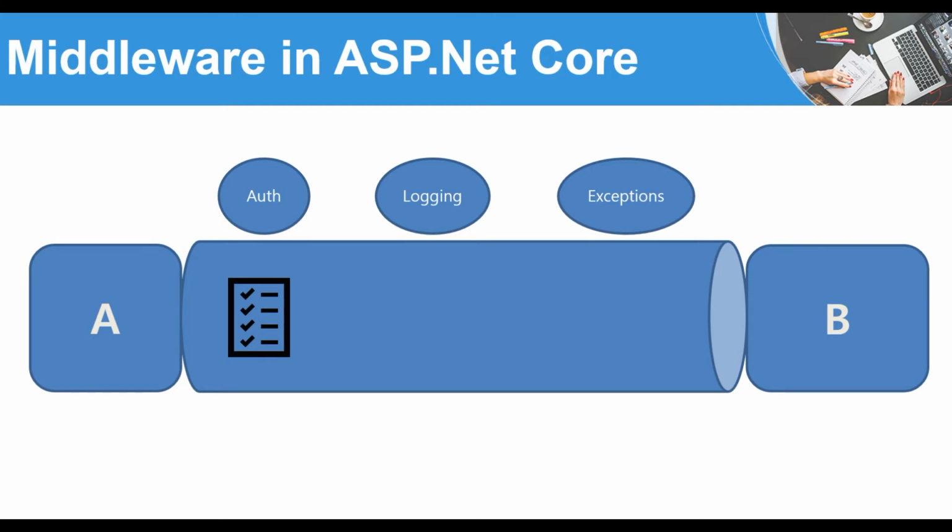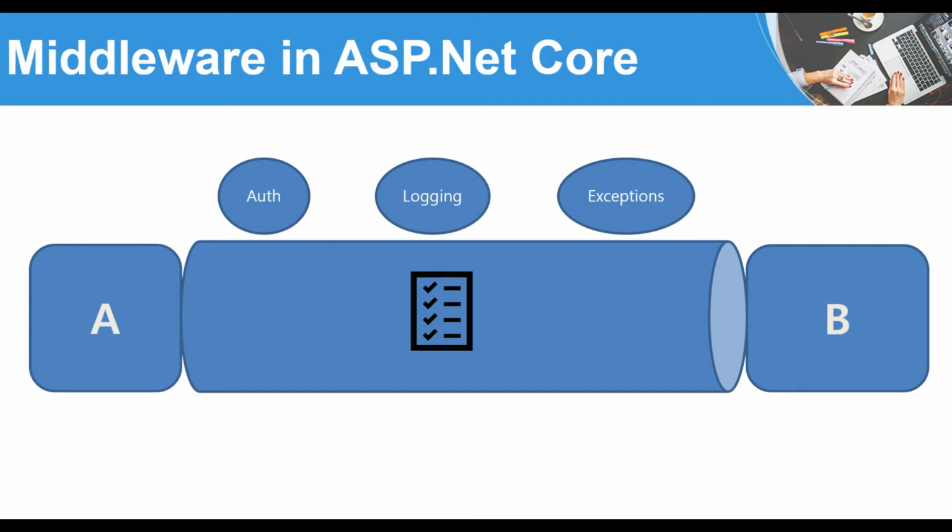However, if everything is okay, then the request is passed through to the next middleware in this pipeline, and in this case is logging. So this middleware may look into the headers of the request and check different information and log different things either to the debug console or to a file or a database.